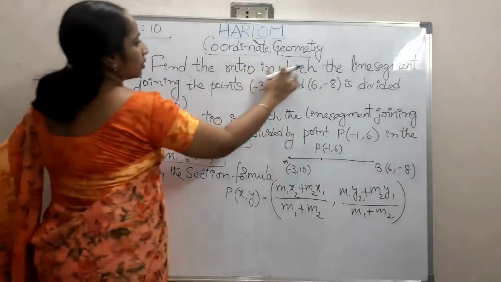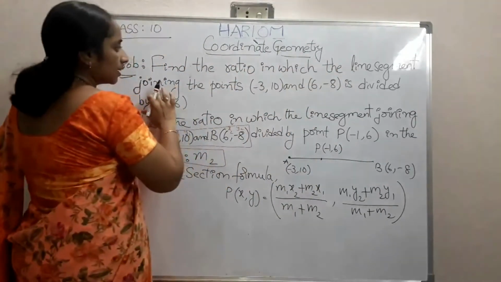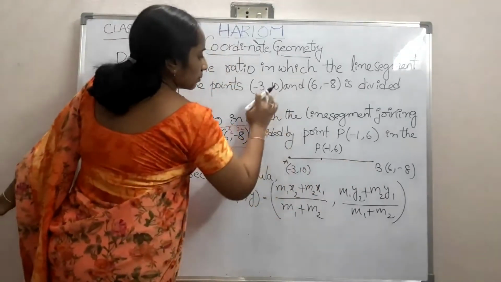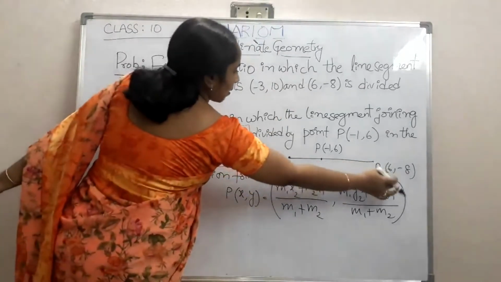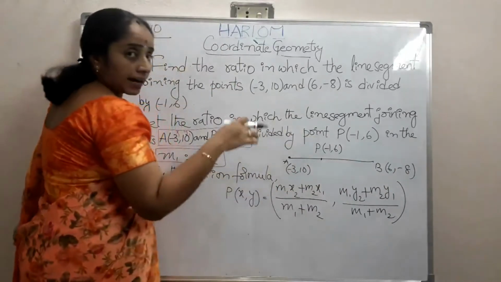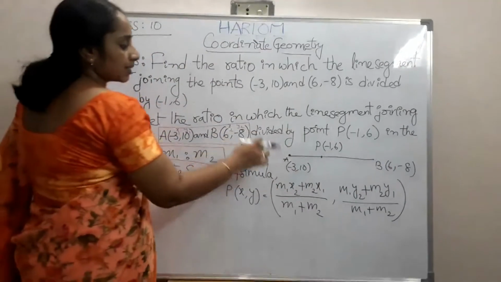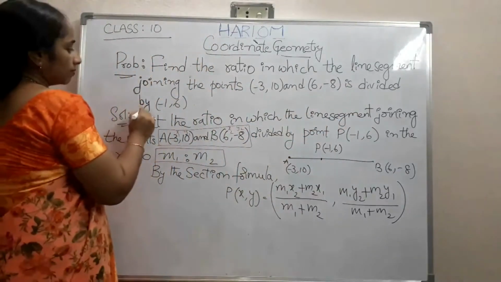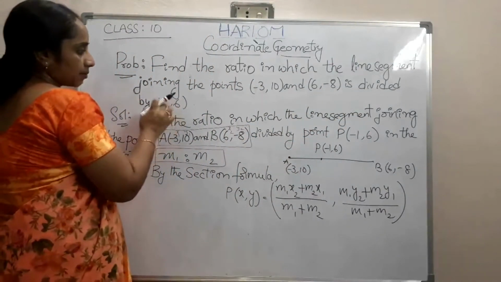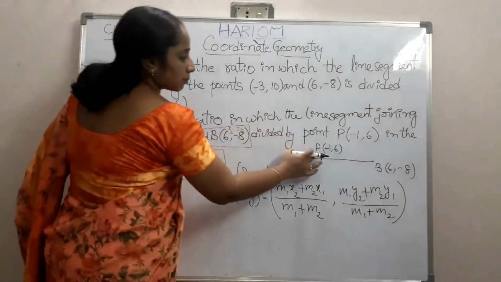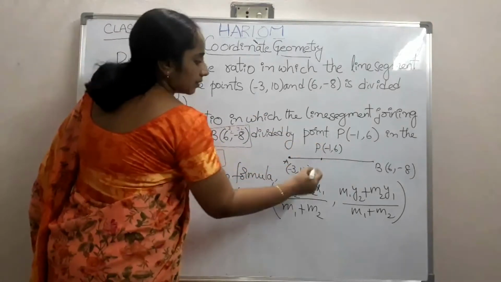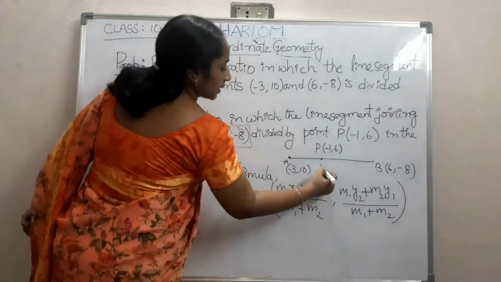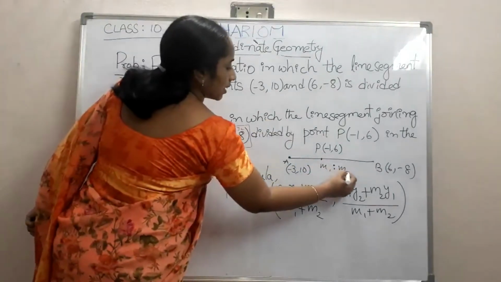Find the ratio in which the line segment joining the points (-3, 10) and (6, -8), which I have taken as A and B, is divided by (-1, 6), that means by this point P. Now we have to find it out. It's a ratio, m1 is to m2.